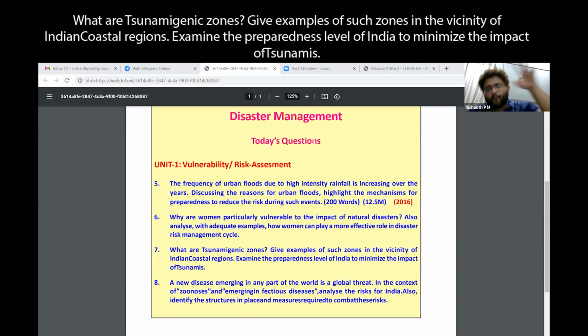And post 2004, the Indian Coast Guard has become more alert, ensuring that wherever tsunami is a probable thing, they are already alerting the fishermen, including the local administration, and ensuring that they are all moved out of those areas beforehand to reduce the loss of lives.